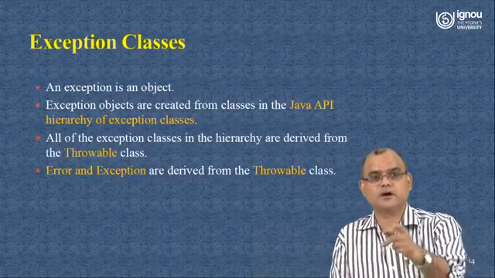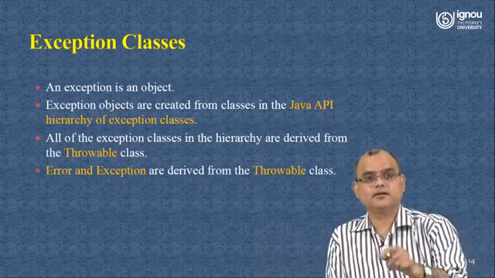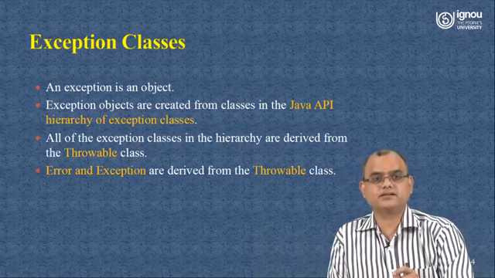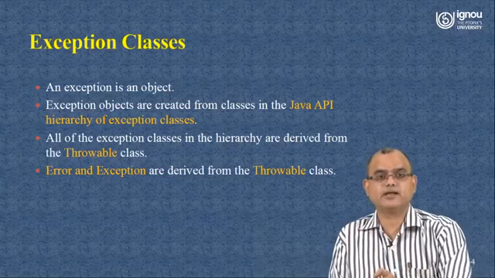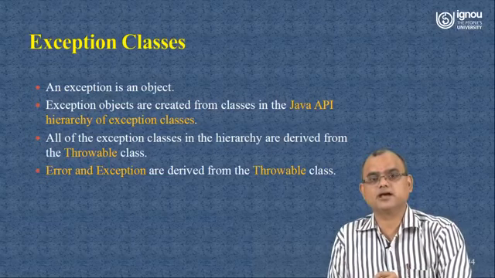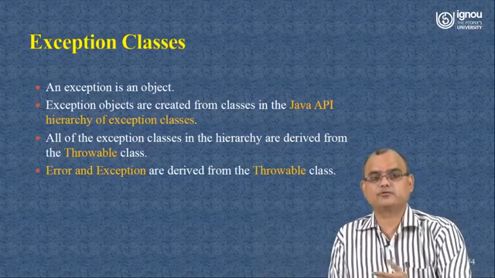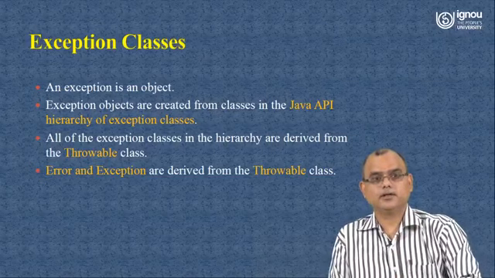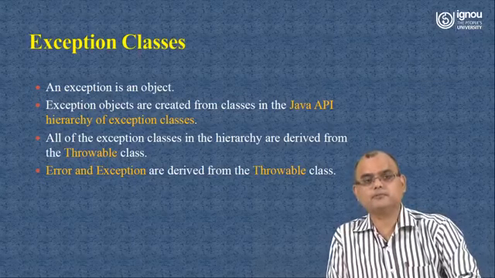Here you can see how. In the next slide I will show you how. So an exception is an object, and it has its own hierarchy. All the exception classes in the hierarchy are derived from Throwable, and errors and exceptions both are derived from Throwable.